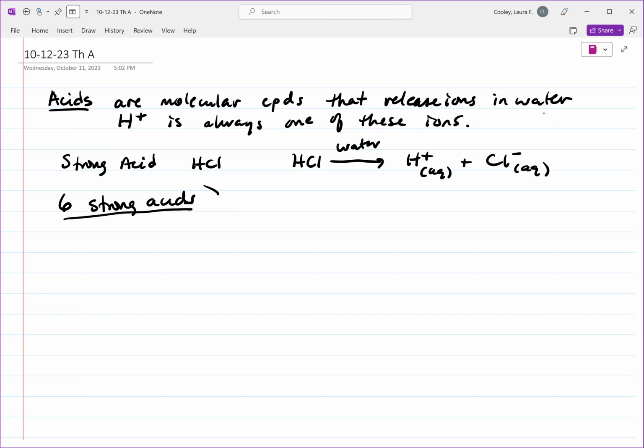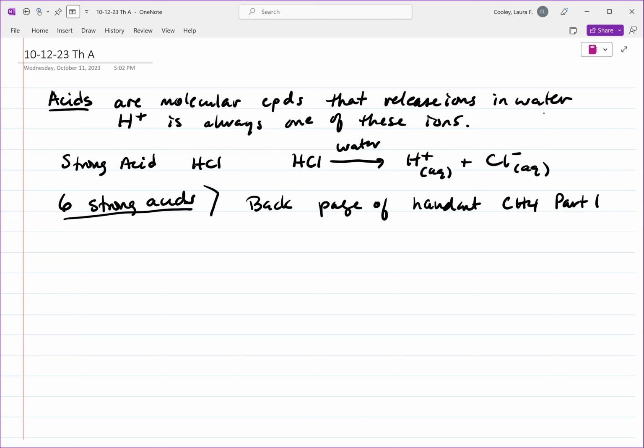So the 6 strong acids are given on the back page of the handout for chapter 4, part 1, and it's also posted on Blackboard. This one here that says chemical reactions is really the handout for chapter 4, part 2.